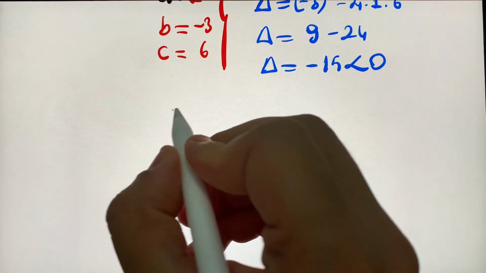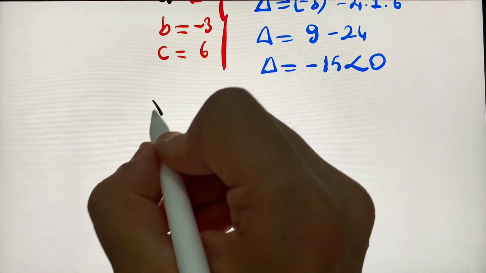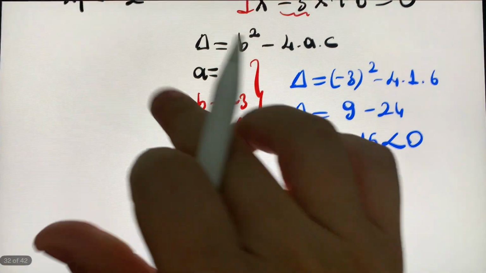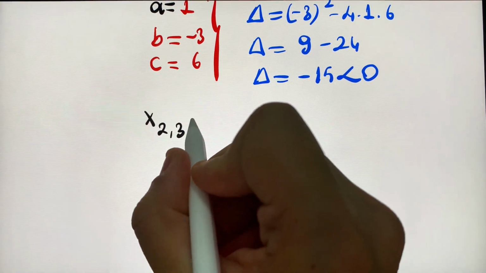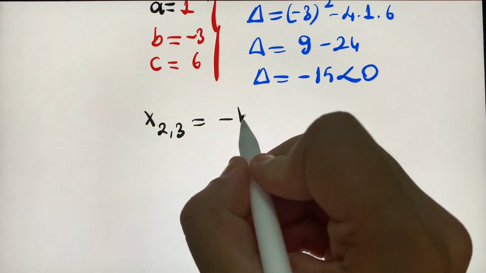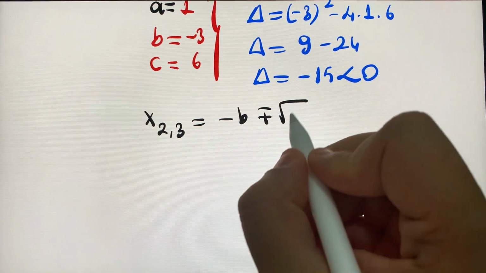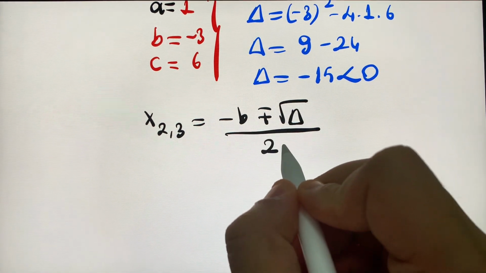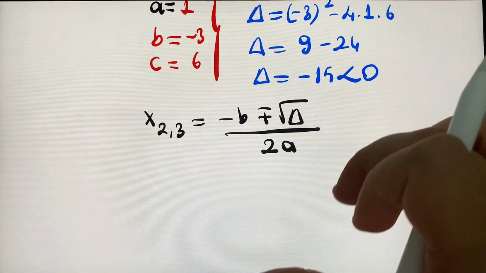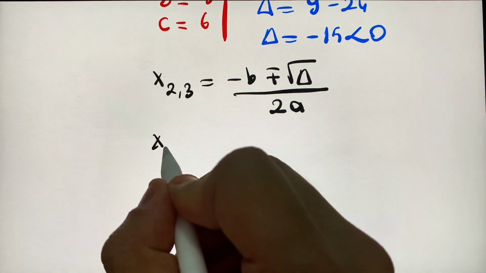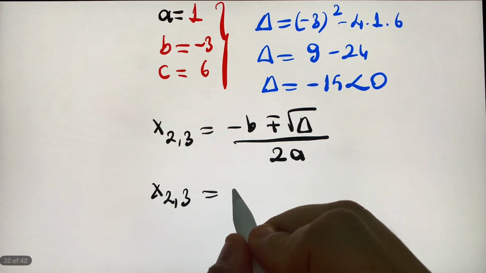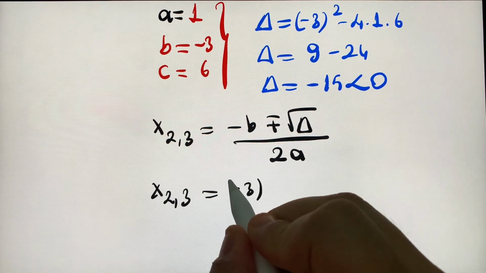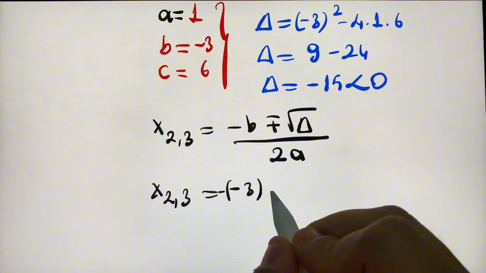So how did we find the roots? Let's remember it now, because we found delta here. Which roots will these be? I say x2 and x3 equal minus b plus minus root delta over 2 times a. I say x is equal to, what was the expression we called b? It was minus 3, so there is a minus in front of it because of the formula.